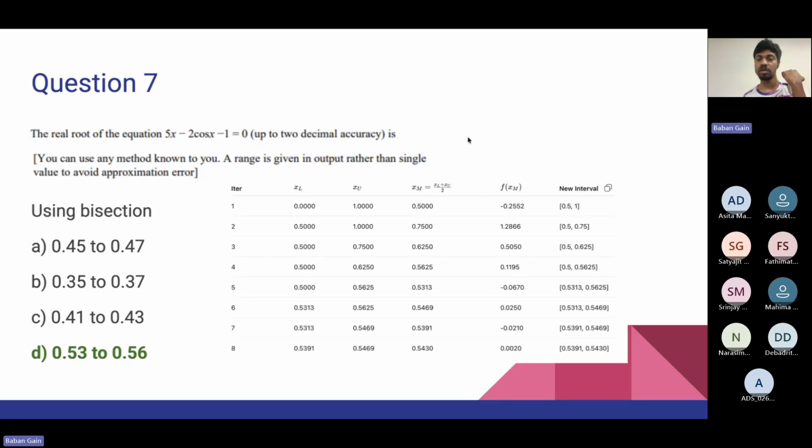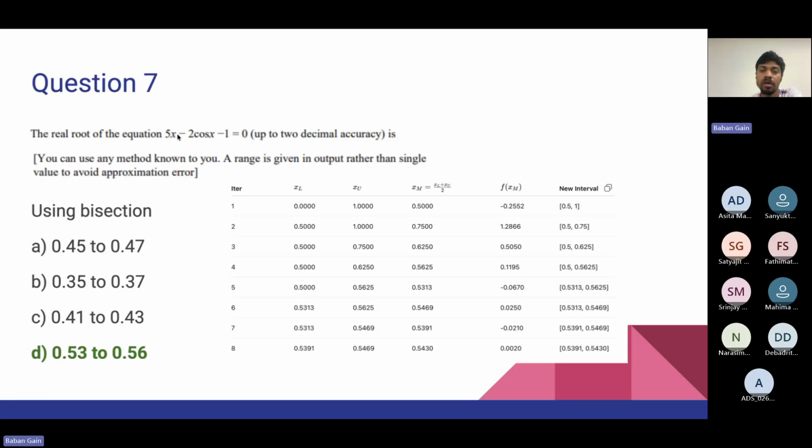There can be two methods to solve this. One is bisection. Let's assume I took two numbers, 0 and 1, to start with. Then I calculate the midpoint, which is 0.5. Then I calculate f of xm, where xm is this midpoint.